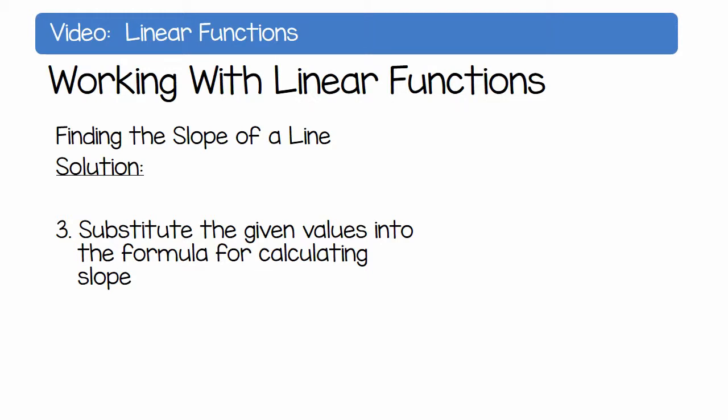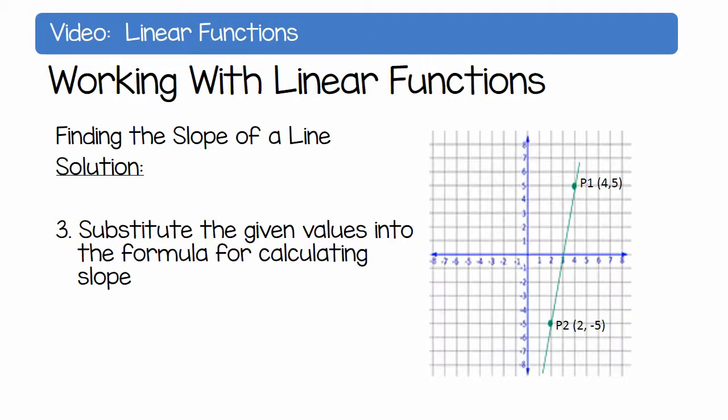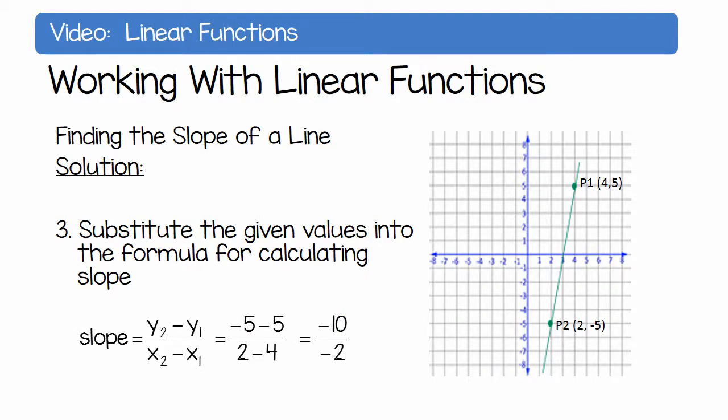Step 3. Substitute the given values into the formula for calculating slope. Slope equals y2 minus y1 divided by x2 minus x1, which is equal to negative 5 minus 5 divided by 2 minus 4, which is negative 2.